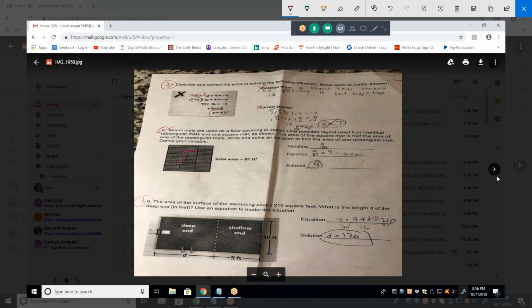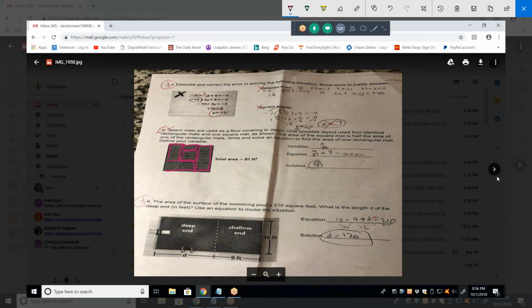Let me see if this works. And then we need 4 rectangular mats. Well, there is 1 rectangle. There's 2 rectangles. There's 3 rectangles. And there's a 4th rectangle. So that would be one way.